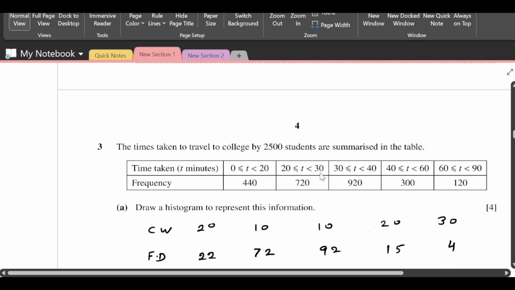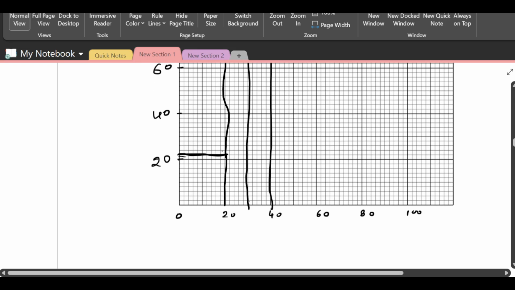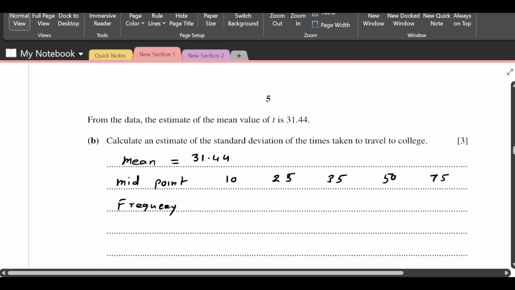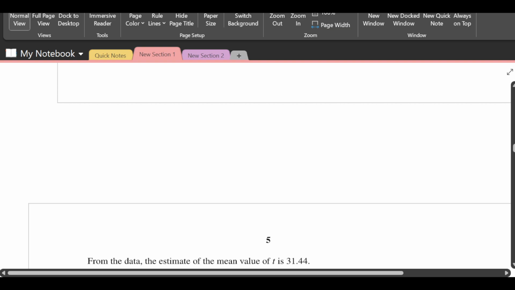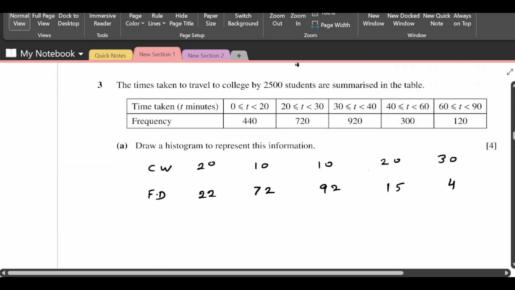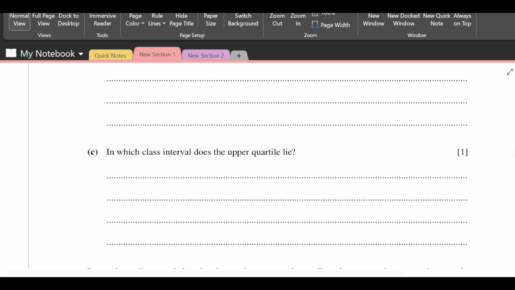So 10, 25, 35, 50, and 75, and their frequencies are 440, 720, then 920, 300, and 120.